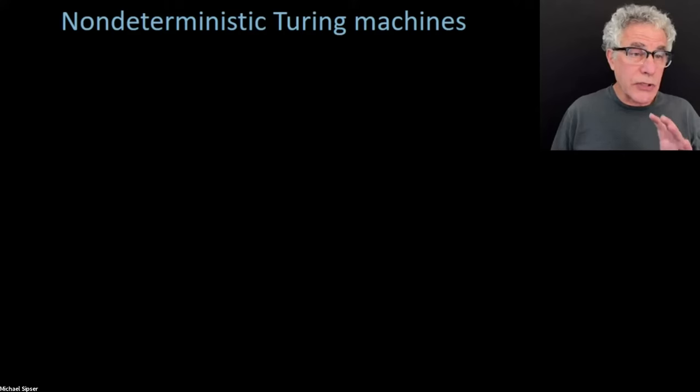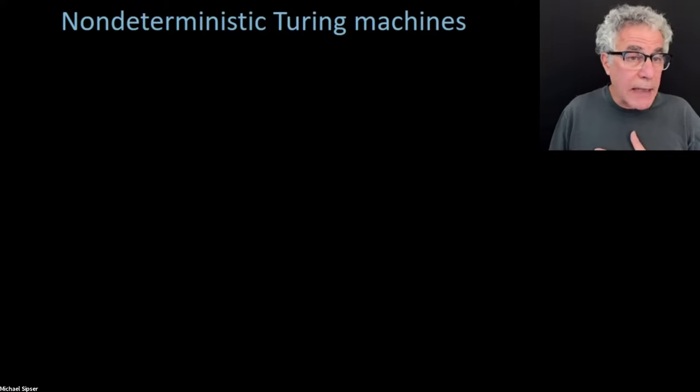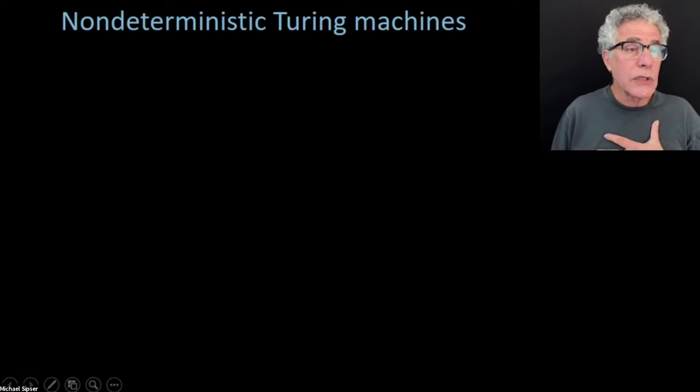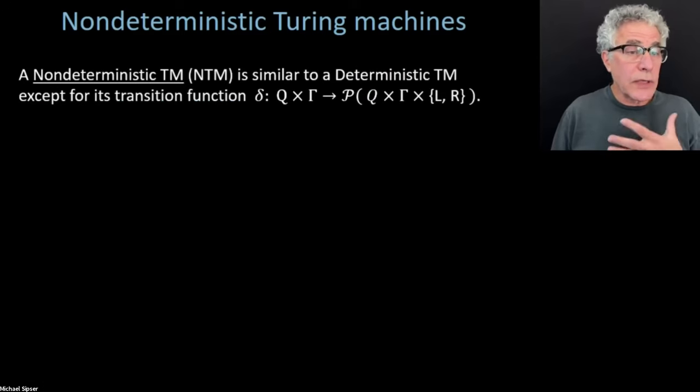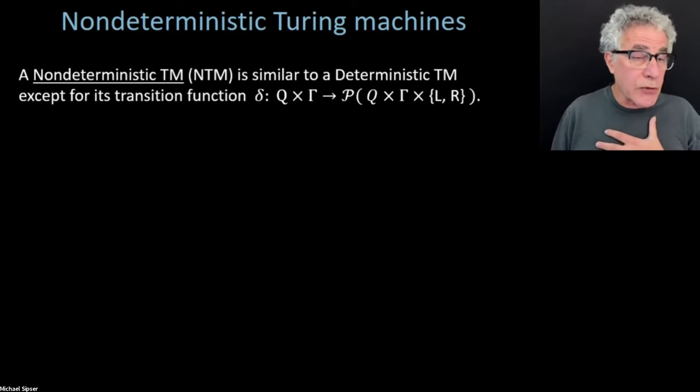There are certain languages that you can do with non-deterministic push-down automata, which is the model we typically hold as our standard, that you cannot do with deterministic push-down automata. You really need the non-determinism. They're not equivalent. For Turing machines, we're going to get the equivalence back. We'll show that anything you can do with a non-deterministic Turing machine in terms of language recognition, you can also do with a deterministic Turing machine.